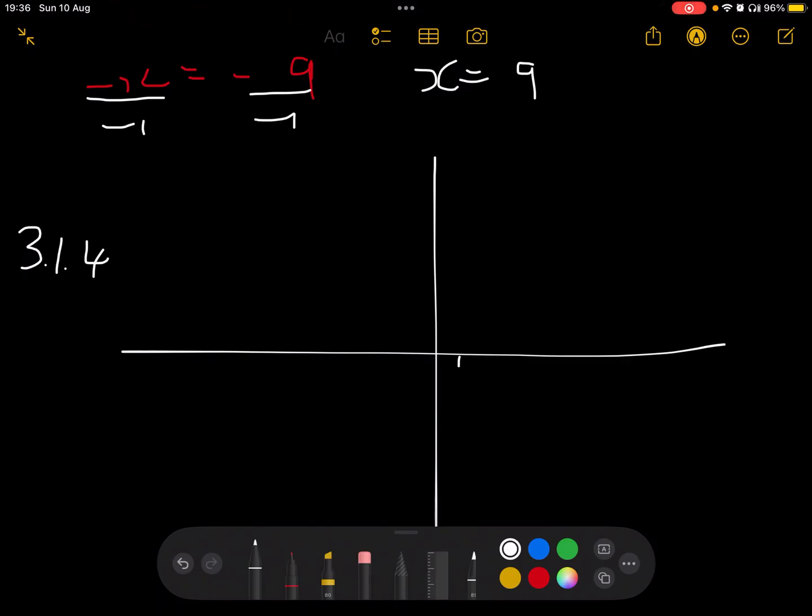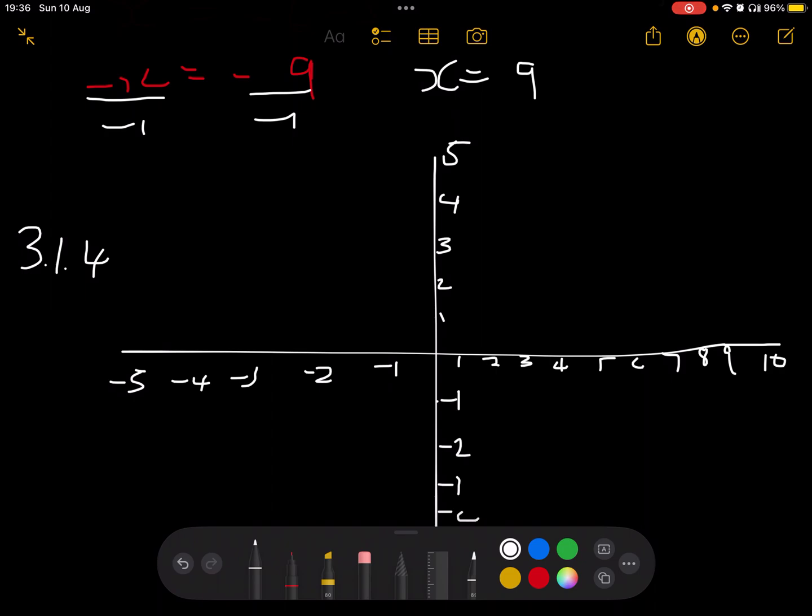I can label here 1, 2, 3, 4, 5, 6, 7, 8, 9, 10. Minus 1, minus 2, minus 3, minus 4, minus 5, and 1, 2, 3, 4, 5, minus 1, minus 2, minus 3, minus 4. Right.